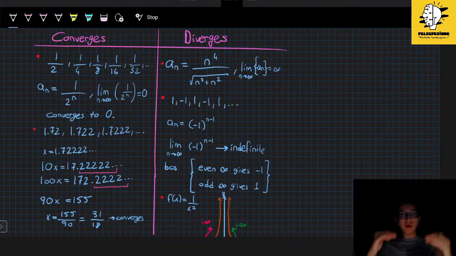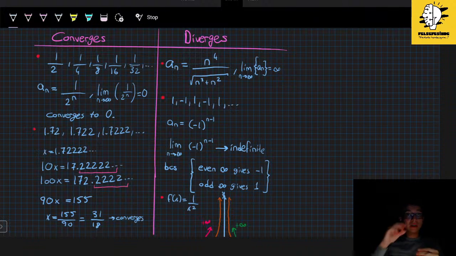Because when we substitute infinity in place of n, our function gets bigger and bigger, meaning that we are approaching directly to infinity, because our numerator is getting bigger and bigger.